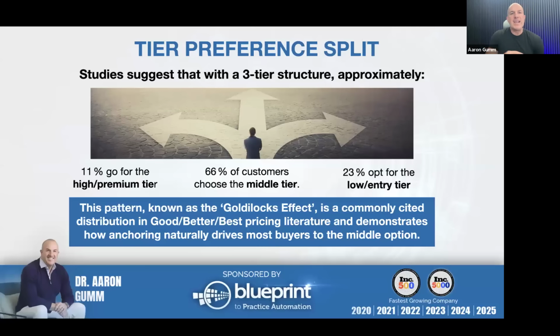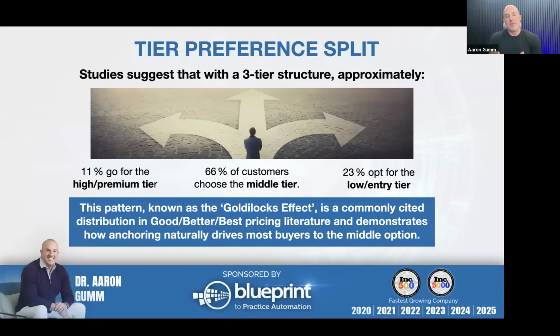So what does price anchoring do? Tier preference split. Studies suggest that with a three-tier structure, approximately 11% are going to go to your premium tier, 66% are going to go to your middle tier, so the majority in the middle tier, and 23% opt for your lower tier. This pattern is known as the Goldilocks effect. It's commonly cited in good, better, best pricing literature, and demonstrates how anchoring naturally drives most buyers to the middle option.